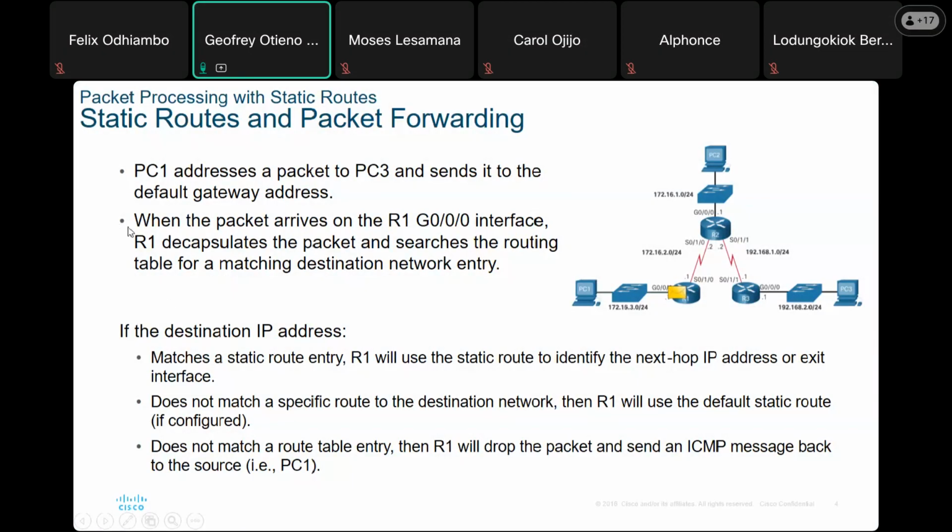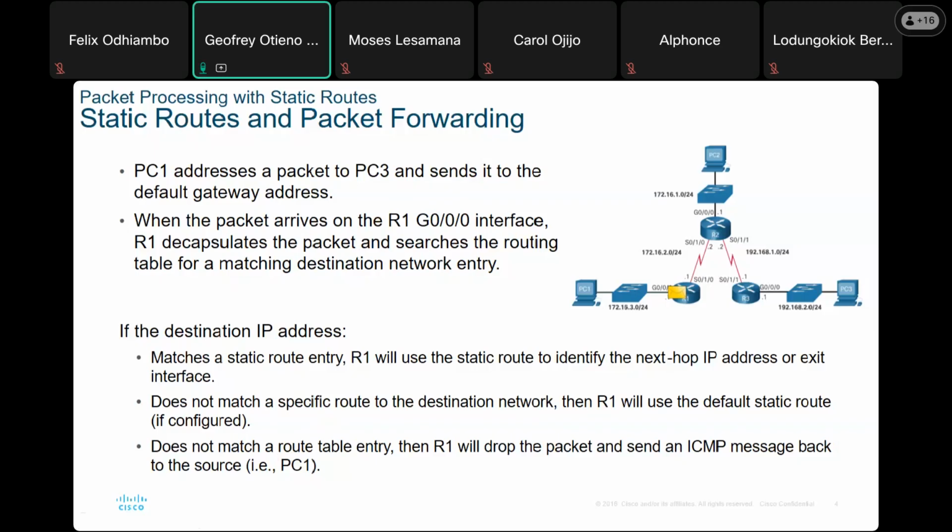So you're being told PC1 is addressing PC3. When the packets move, you can see the movement here, expecting the flow to move until the end. If there's a match between your addresses, there'll be no problem. If there's no match with the specific route, there'll be a problem, and the packet will end up being dropped, and the source will be notified.